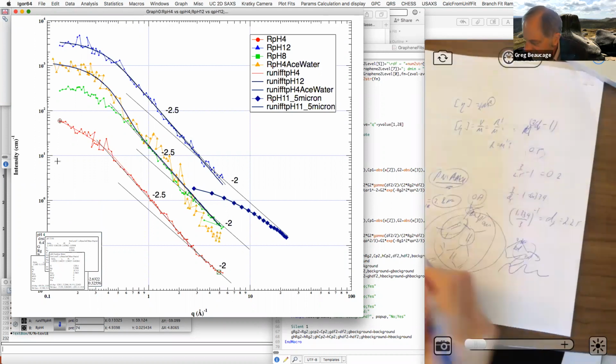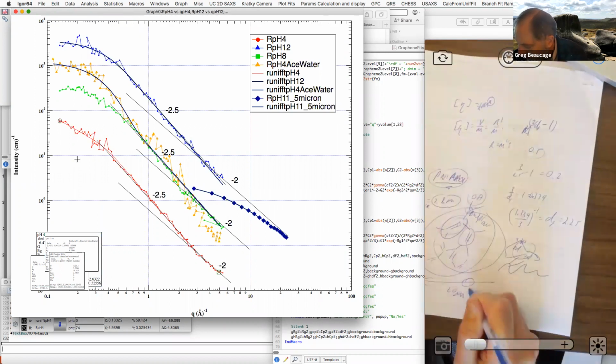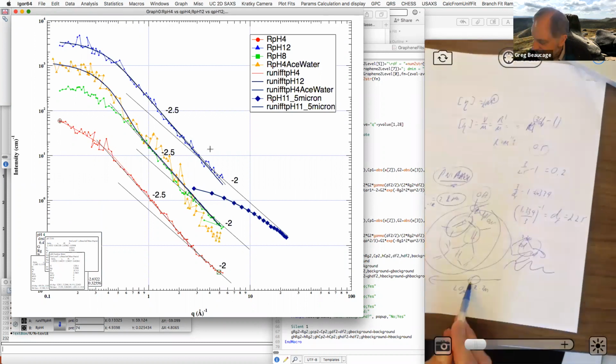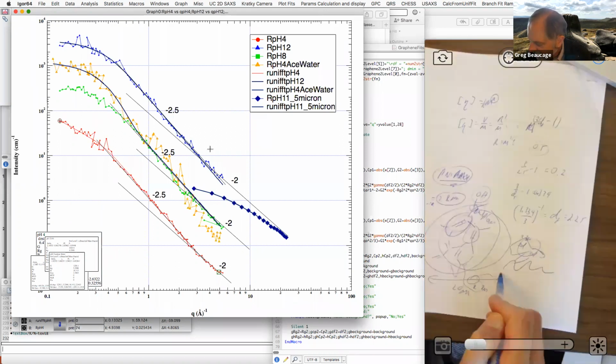So the total size of the sheet is 20 microns, and these bends on it are 2.2 microns. So there are about 10 of these flat units across that are making it into this kind of self-avoiding walk. And then the total size of that thing is 20 microns.